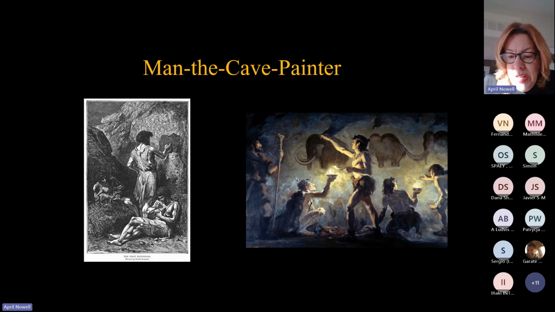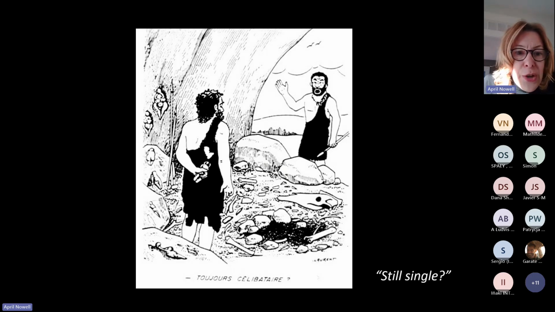And I have this other cartoon here, which was made, if I'm not mistaken, by the artist that Francois Borde used to work with, and it says toujours célibataire, like still single.